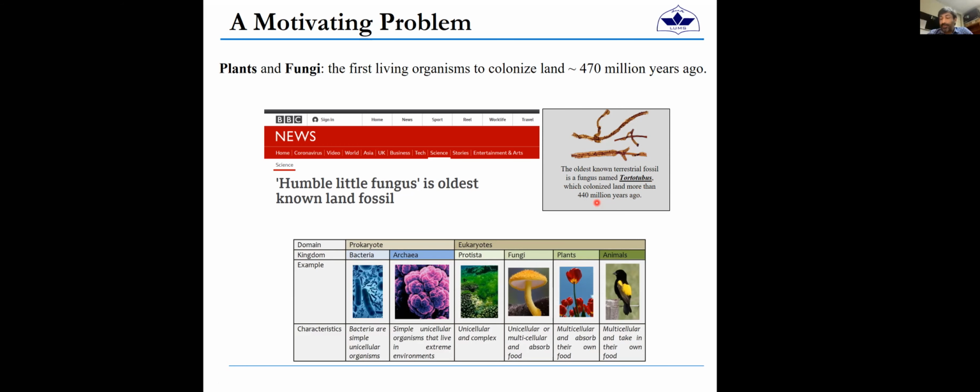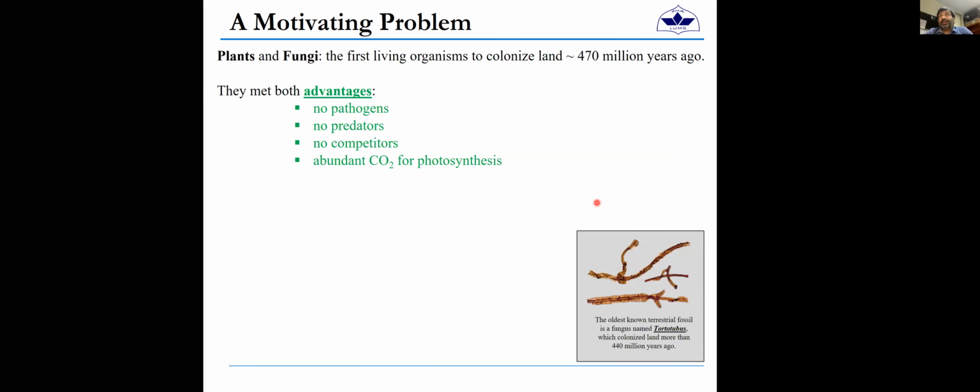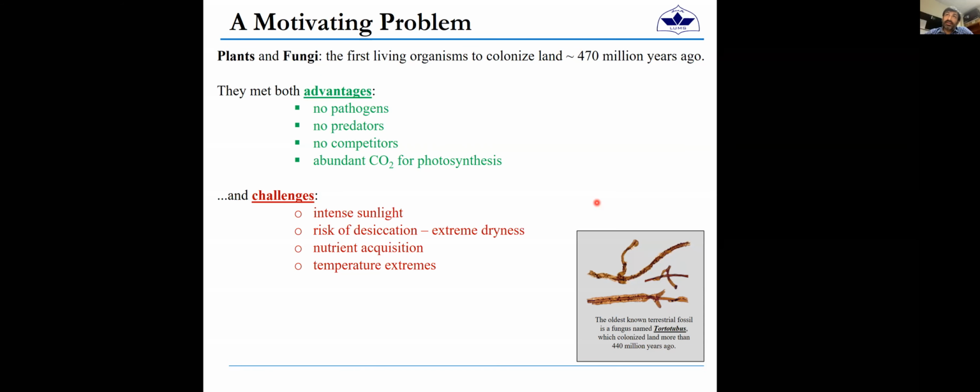As soon as they colonized our land, they had some advantages. As an example, there was no competition, so they had ample opportunity to grow. CO2 present in the atmosphere was in abundant quantity, and today we know that CO2 is very important for photosynthesis.